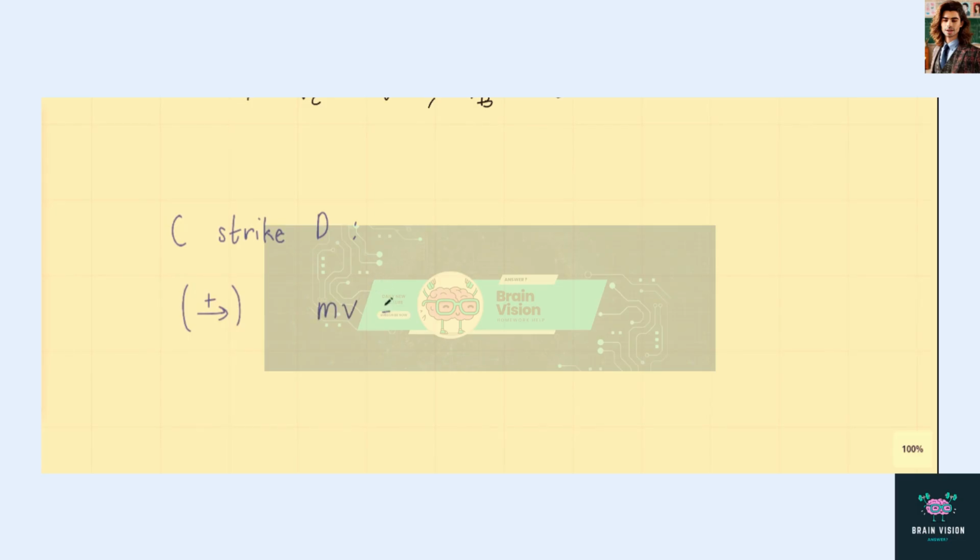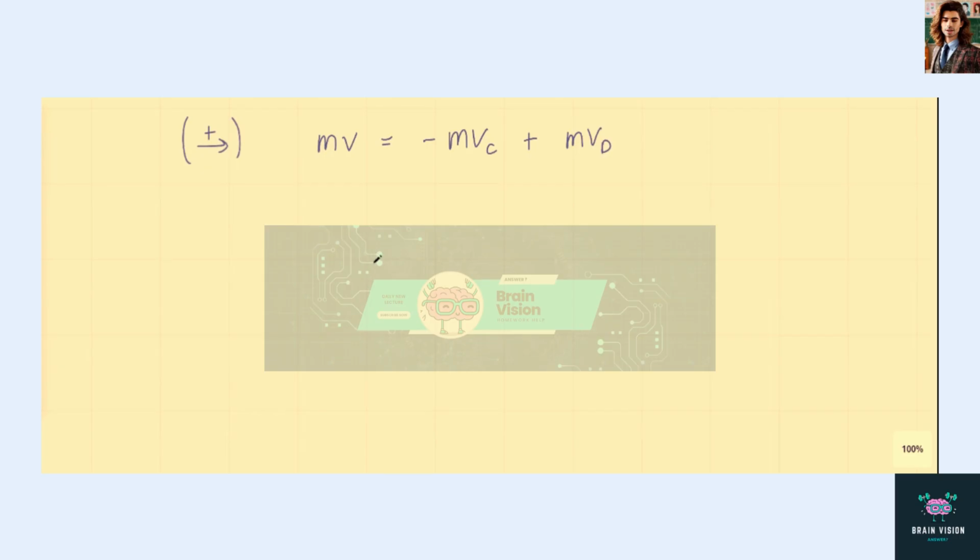So C moves off initially with momentum mv, and after it collides with D, the momentum is due to C minus mvc plus mvd. So if you divide both sides by m, v is equal to minus vc plus vd.